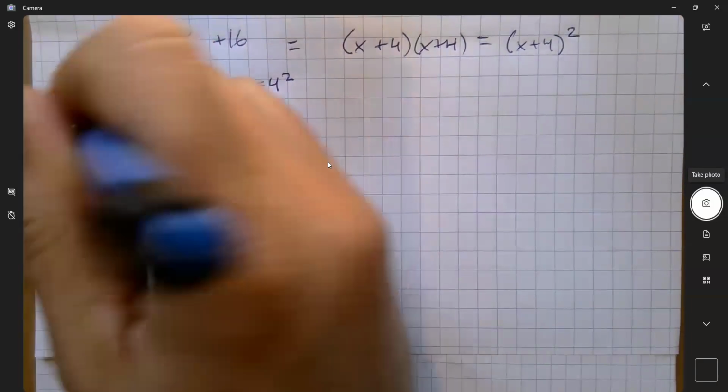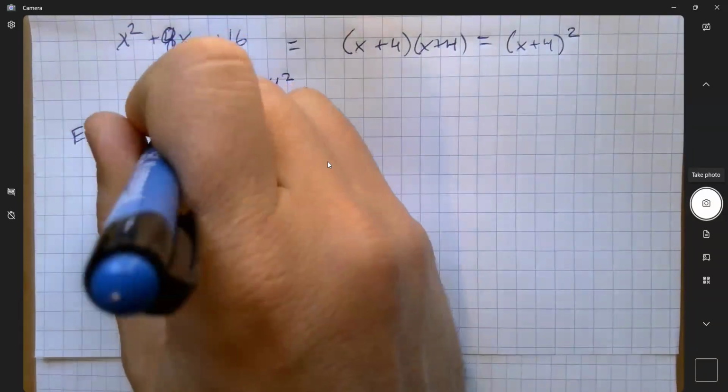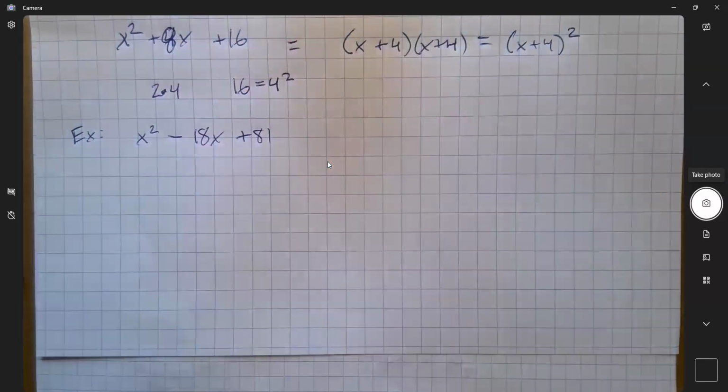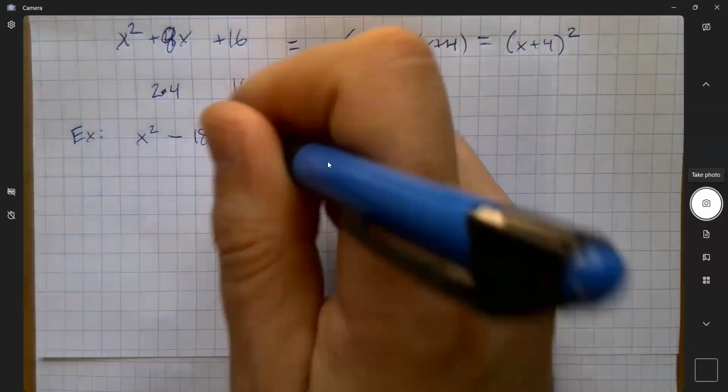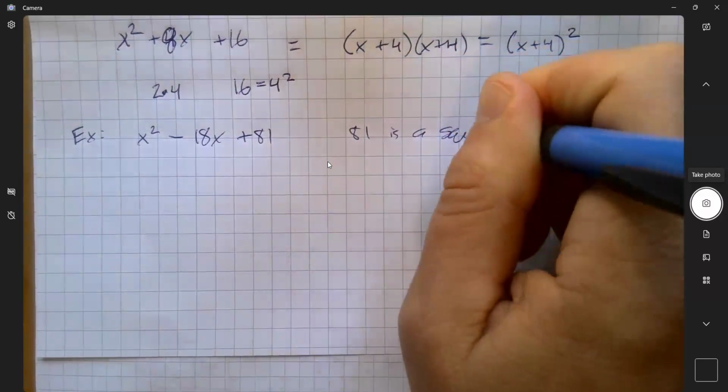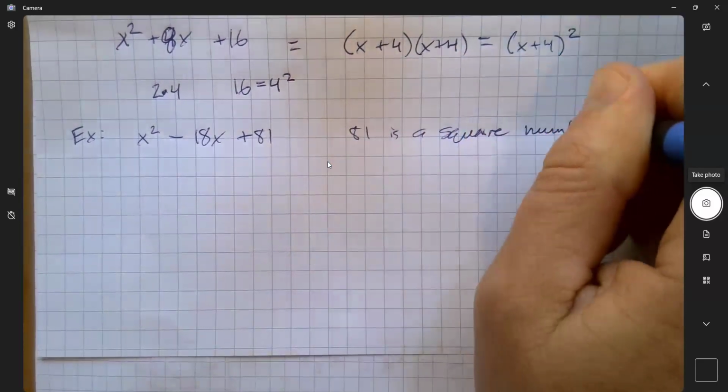Let's try another one. Let's look at x squared minus 18x plus 81. We could use a box method, but we might say, wait a minute, 81 is a square number. That is a great way to start.